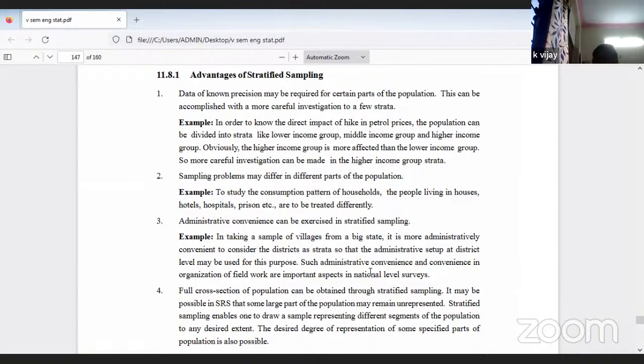Full cross-section of the population can be specified in stratified sampling. It may not be possible in SRS. A large part of the population may be unrepresented in simple sampling, while stratified random sampling represents the different segments of the population to the desired extent, to the desired degree of representation.